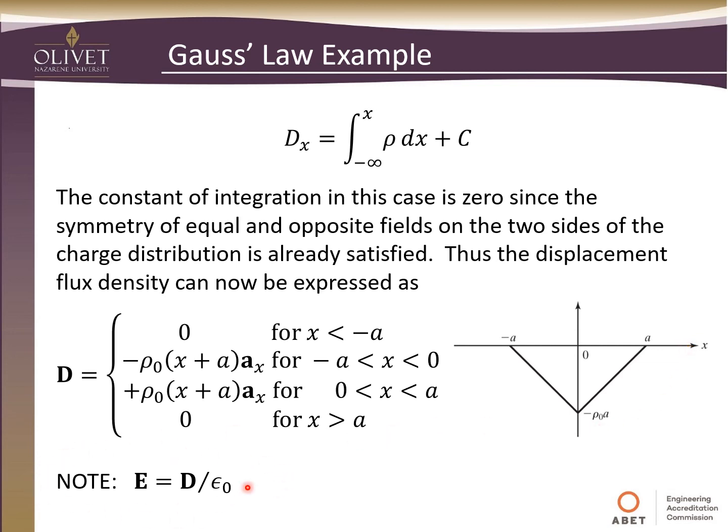Keep in mind, though, this is the displacement field. We can get the electric field by dividing by the permittivity. And again, we'll get more into that later, because the permittivity gives us some knowledge of the medium that we're in. So that's the significance of that.